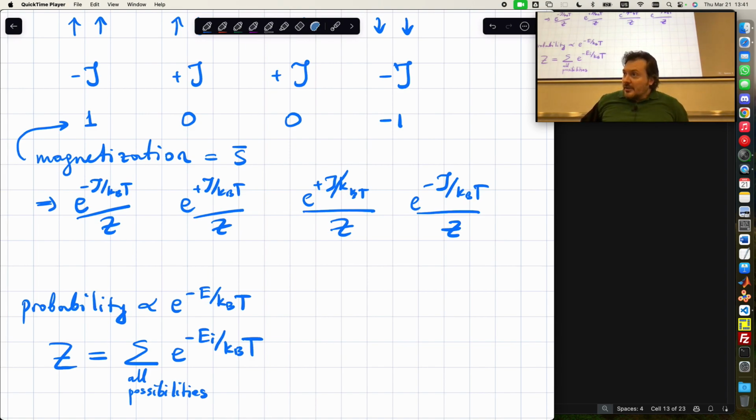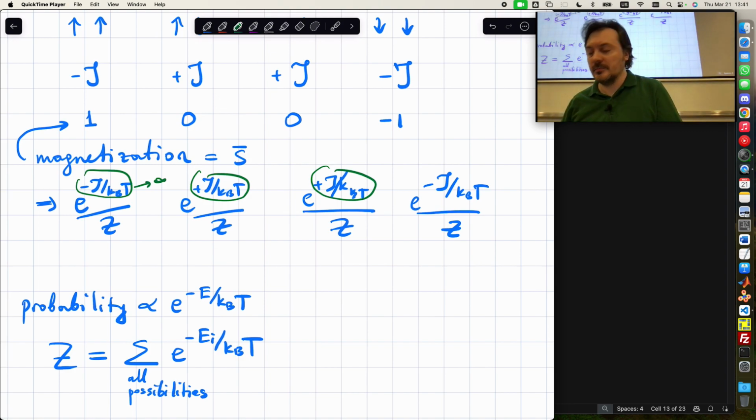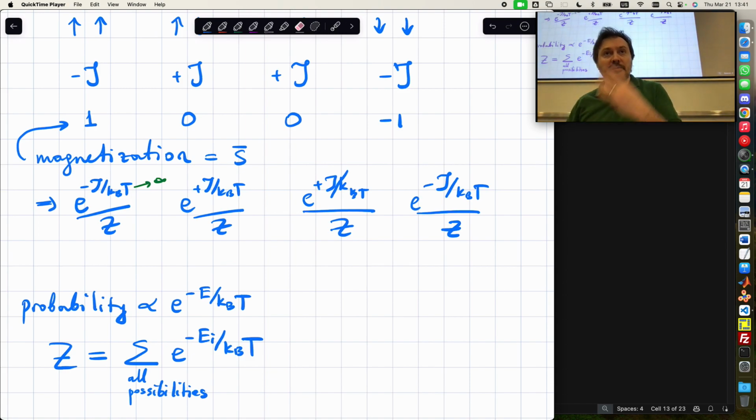You are thinking, right? When T goes to infinity, you get the same value in each one of them, right? It's e to the 0. And sum of e to the zeros is, so Z is going to be 4. So each one will have 1 over 4 probability. When T is infinite, everything is possible.